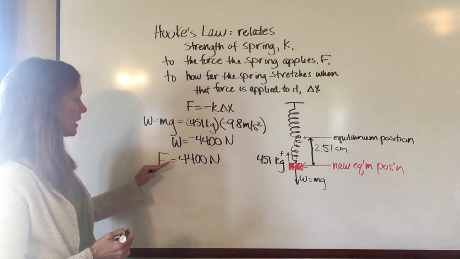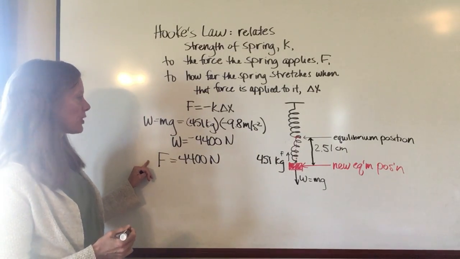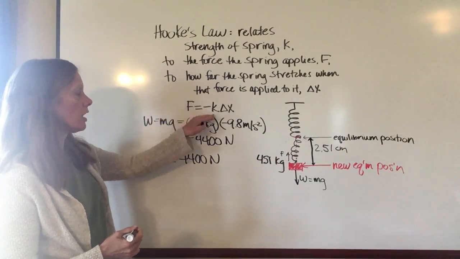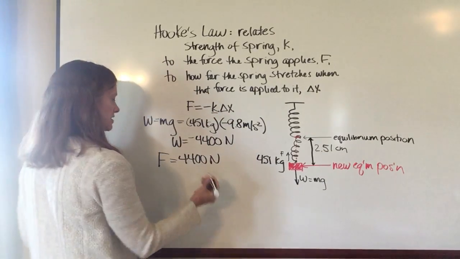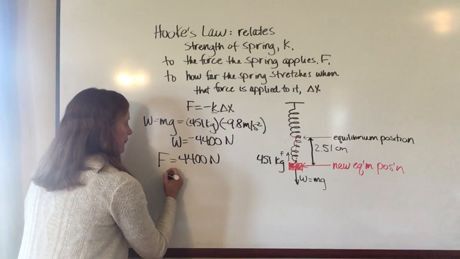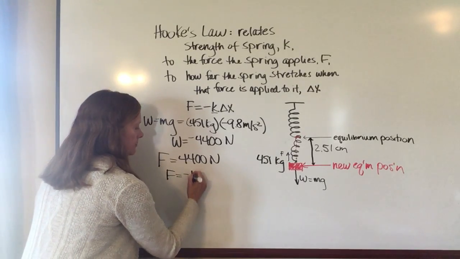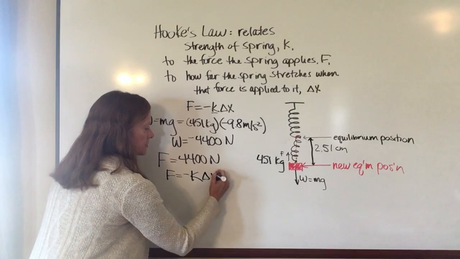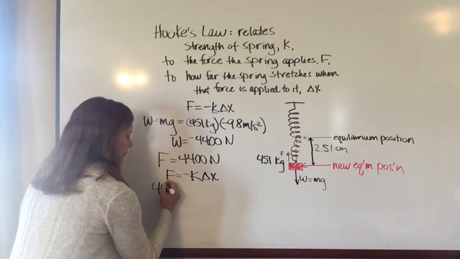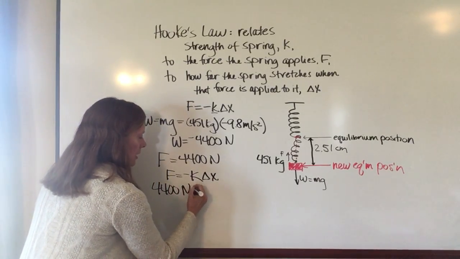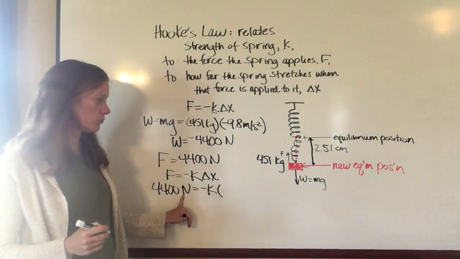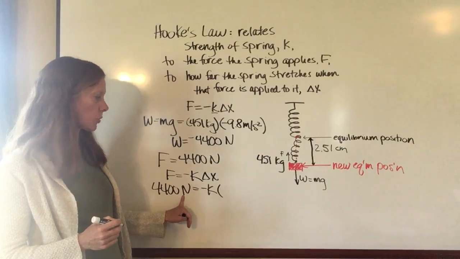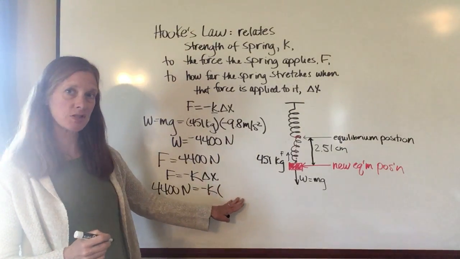Okay? Now that I know what the force by the spring is, I can use Hooke's law to determine the spring constant, because I know how far the spring has been displaced. So if force equals negative k times delta x, I'm going to have 4,400 newtons equals negative k times, now in newtons, a newton, remember, is a kilogram meter per second squared, so my delta x has to be in meters.